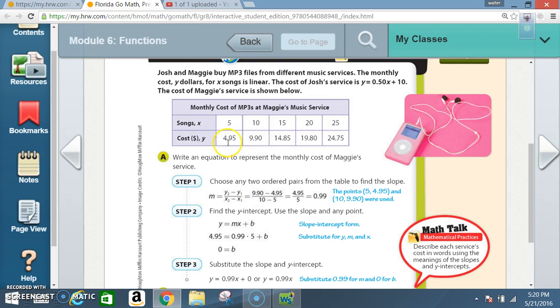The y1 value is $4.95. We divide that by the x2 value, which is 10, minus the x1 value, which is 5. So $9.90 minus $4.95 is $4.95. 10 minus 5 is 5. So $4.95 divided by 5 is equal to 99 cents.